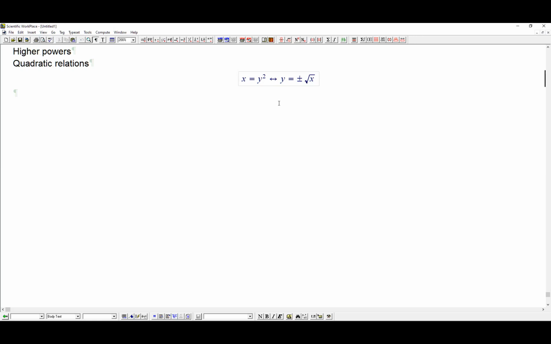But what if I gave you something you haven't seen before? How would you go about and draw it? Just choose some points for X and then compute their Y values and then plot them out and connect them. Yeah, exactly the same thing.